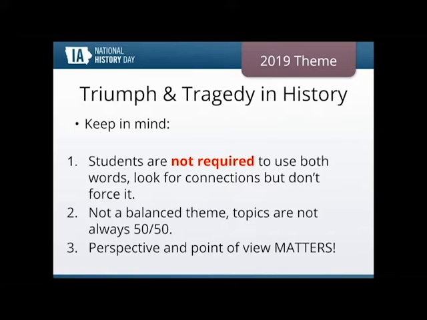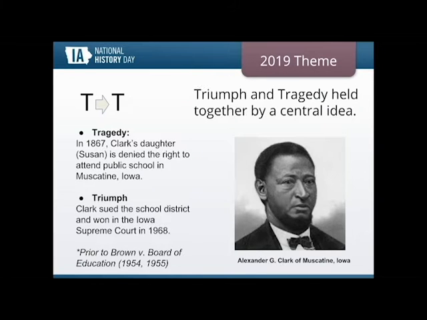Not all topics you're looking for are going to have a strong connection to both triumph and tragedy. And we want you to keep in mind that perspective and point of view matters in every topic you're looking into. So I want to take a minute and go through a couple examples, if you're having trouble thinking of what angle you want to approach this theme this year.